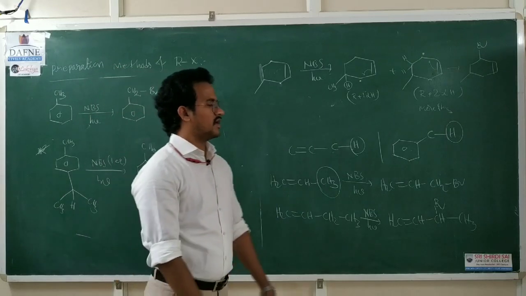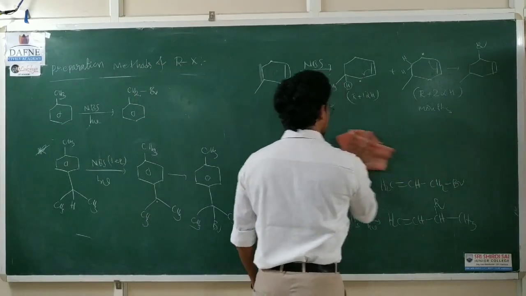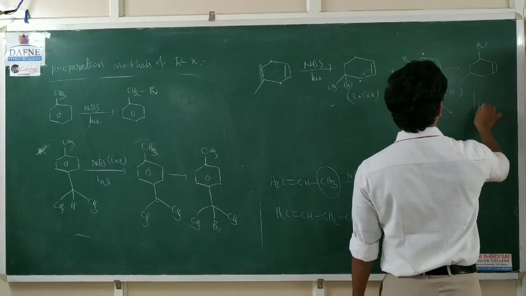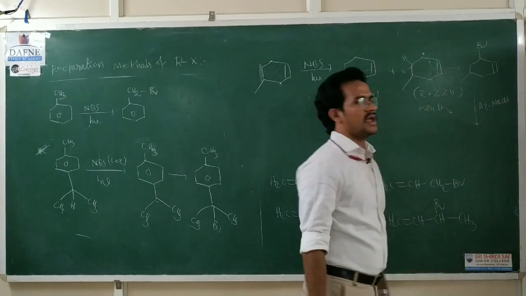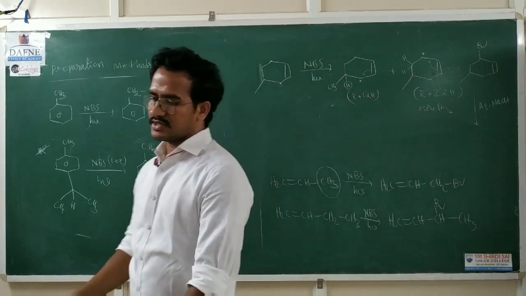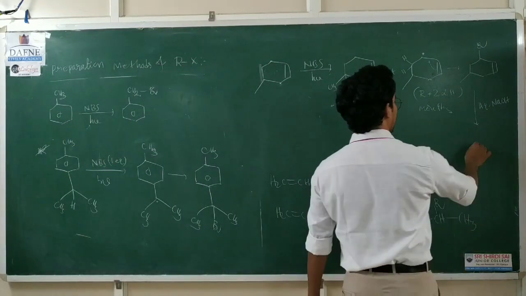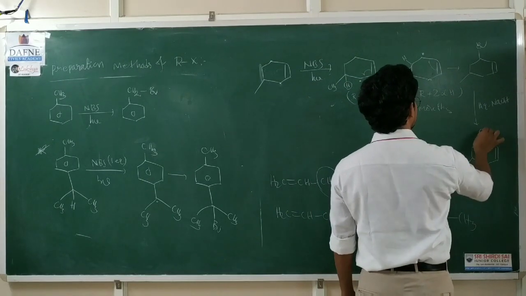Now, of course, a sequence of reactions was given in that JEE Main exam. First allylic bromination, next aqueous NaOH. Then with aqueous NaOH, Br minus is replaced by OH minus.